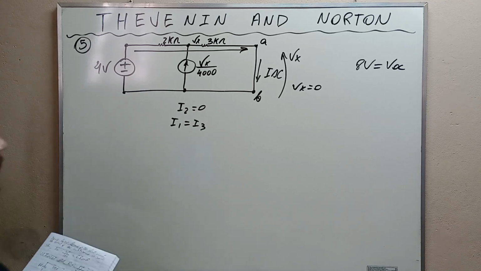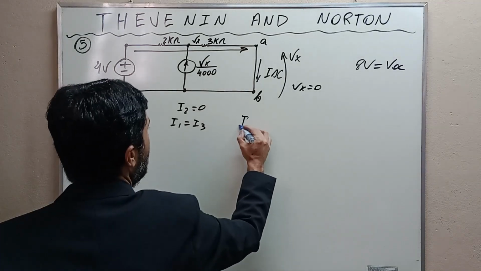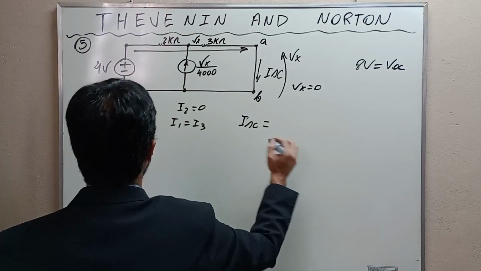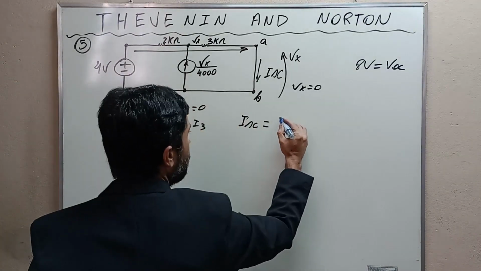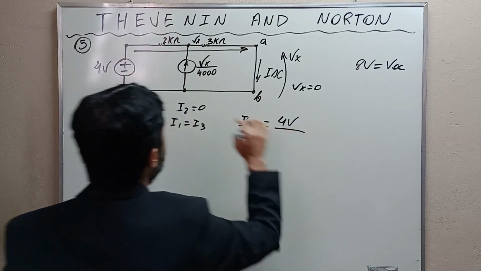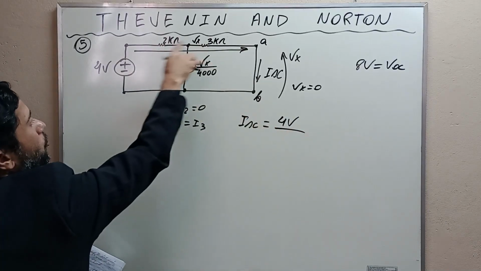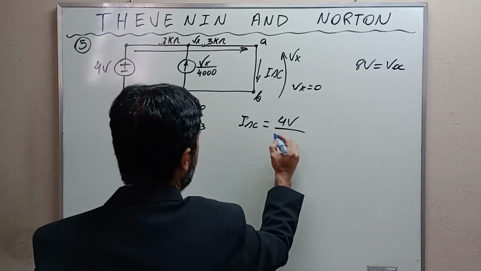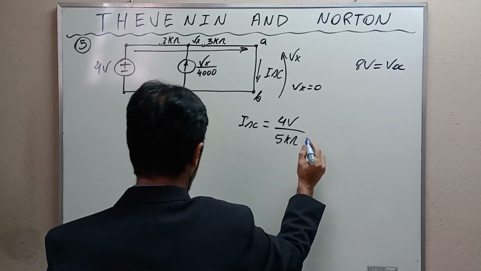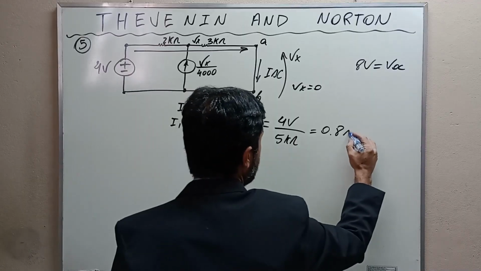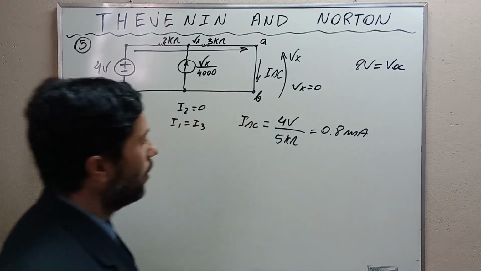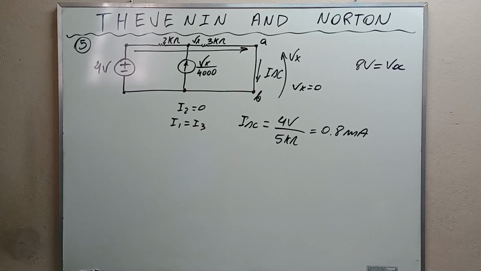Okay, then the short circuit current, I short circuit, is equal to the voltage of the voltage source divided by 2 plus 3, which is 5 kilo ohms, and this is equal to 0.8 milliamps. Okay, my friends, and what is the trick here? What is the catch?